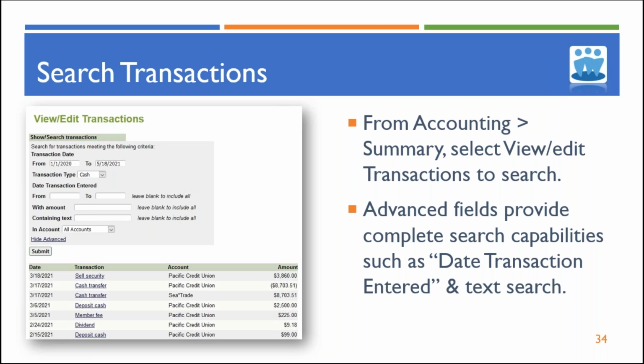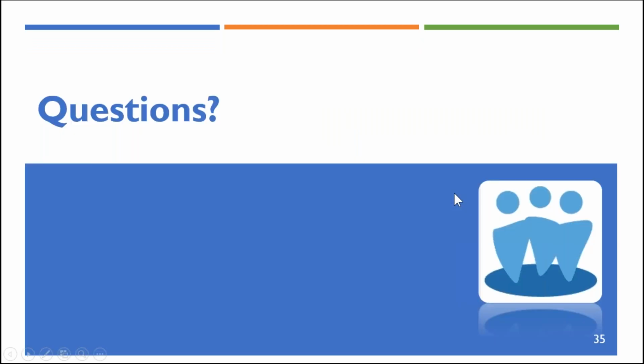So this is a very useful feature, to help you diagnose problems and view them by cash, security, member type in particular accounts. So again, it's in the summary section. It's very useful to help with the troubleshooting of potential problems that you might have.